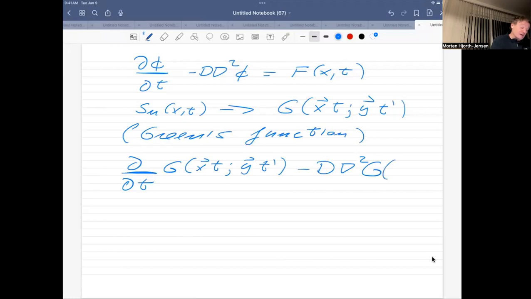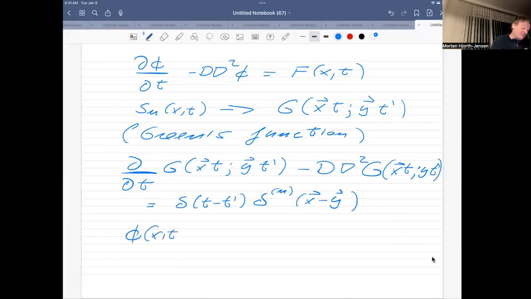So I'm rewriting this in terms of the diffusion constant. This is the second derivative term in t prime, and this is given by a delta of t minus t prime, multiplied with a delta in x. And this is actually the original differential equation. Then we can use this solution in order to find this phi of x of t.